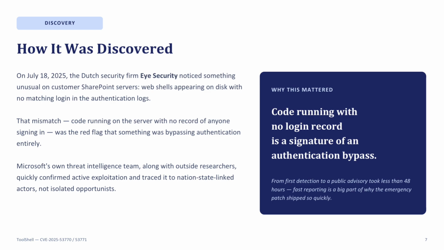Microsoft's own threat intelligence team, along with outside researchers, quickly confirmed active exploitation and traced it to nation-state linked actors, not isolated opportunists. Why this mattered: code running with no login record is a signature of an authentication bypass. From first detection to a public advisory took less than 48 hours. Fast reporting is a big part of why the emergency patch shipped so quickly.